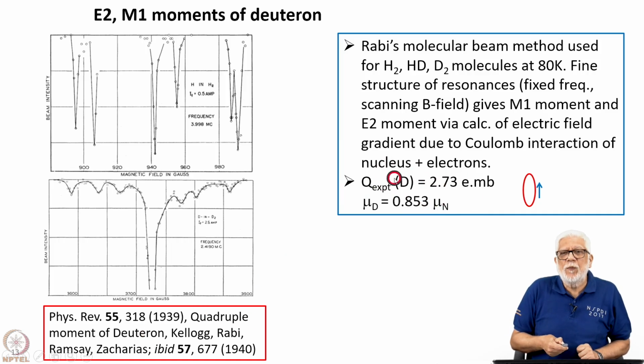They get the quadrupole moment of the deuteron to be about 2.73 e times mb. Okay, so mb has the dimension of length squared, and e is the charge of the electron.